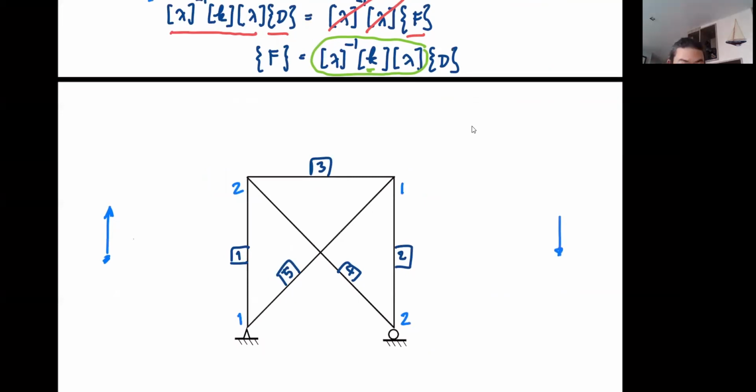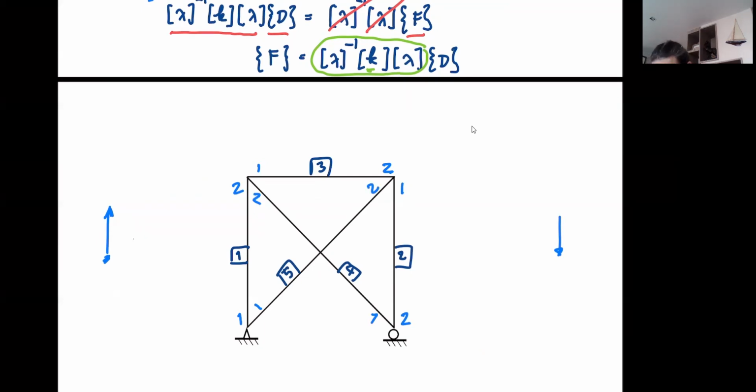So in terms of the transformation matrix, it's going to be different from that of member number 1 because of the orientation of the member. Now for member number 3, I'm just going to call this 1 and 2. Member 4, 1 and 2. Member 5, 1 and 2 like this. So now we have all the members with the local coordinates in place.